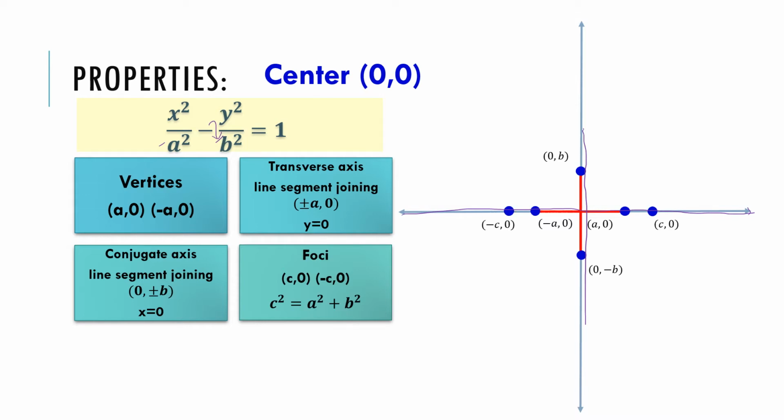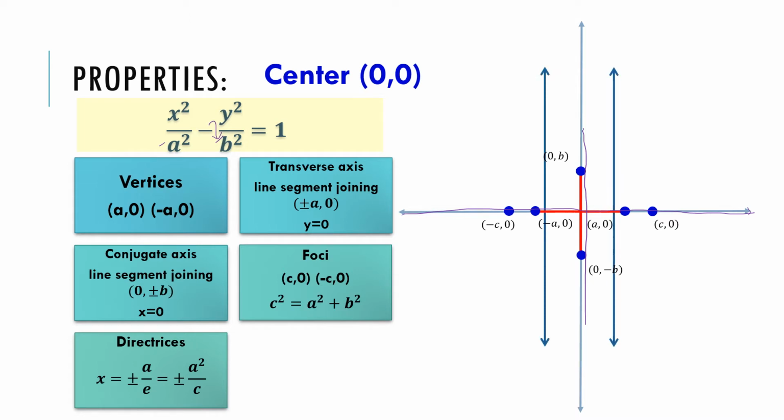So, yan si foci. Next, directrices. Meron pa rin tayong directrices. And we still have the formula plus minus a squared over c na andyan siya. Siyempre, pagka i-compute nyo na yung values, madidetermine nyo na saan siya nakalagay.